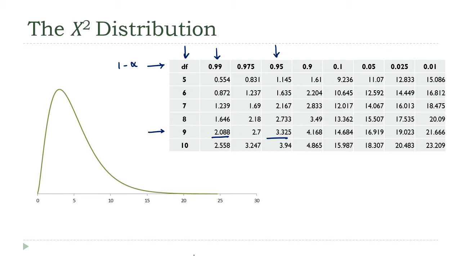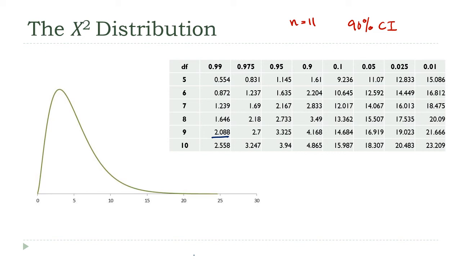All right, so suppose we're looking at a sample with 11 data values, and we want to construct a 90% confidence interval. Well, 11 means 11 minus 1, or 10 degrees of freedom.